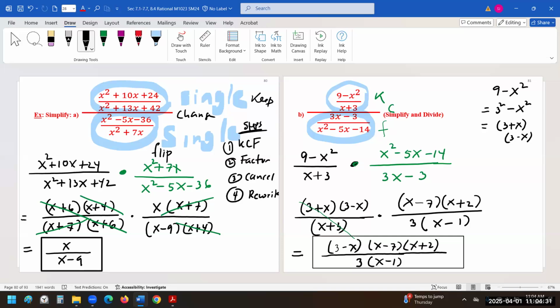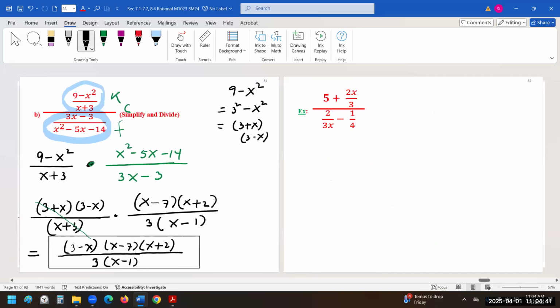So when we have a single fraction divided by a single fraction, we do normal multiplication or normal division, but we do something different when you don't have a single one. Here we have one term, two terms, one term, two terms. So it's two terms divided by two terms, not one term divided by one term.